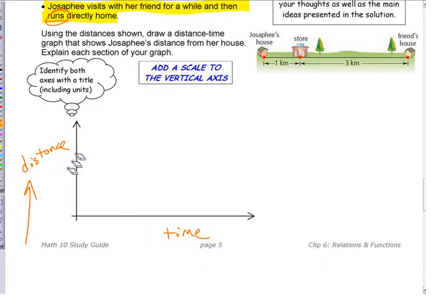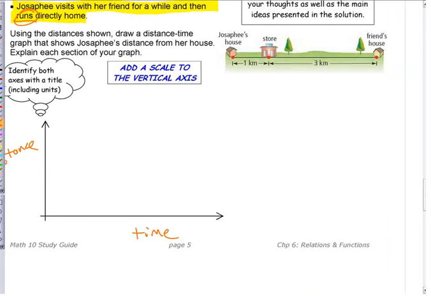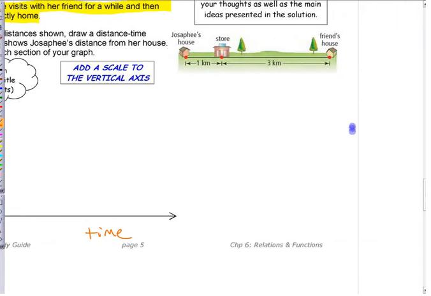You may have learned this in science. You may have learned it in grade 9 in math. A concept that you have to learn, and it comes up formally in section 6.2, is the difference between what's called the independent variable and the dependent variable. We have two variables in this situation.